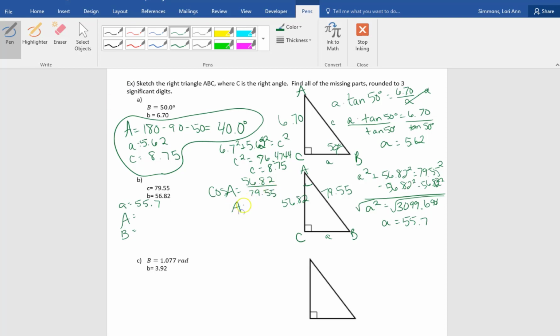So when you do the arc cosine of this, you should get angle A to be 44.4 degrees. And then B, you're going to take 180 minus 90 minus 44.4 to get 45.6 degrees.